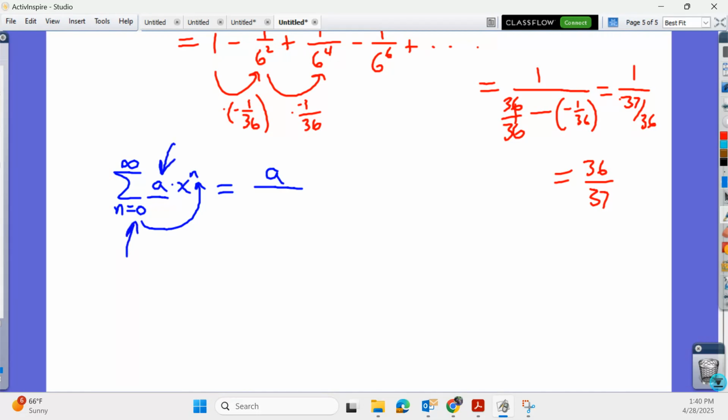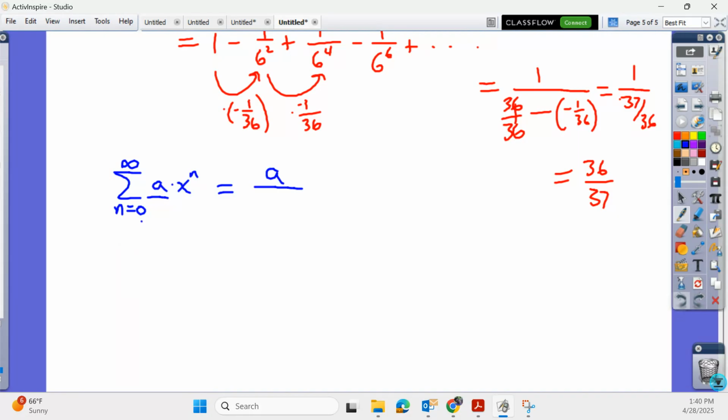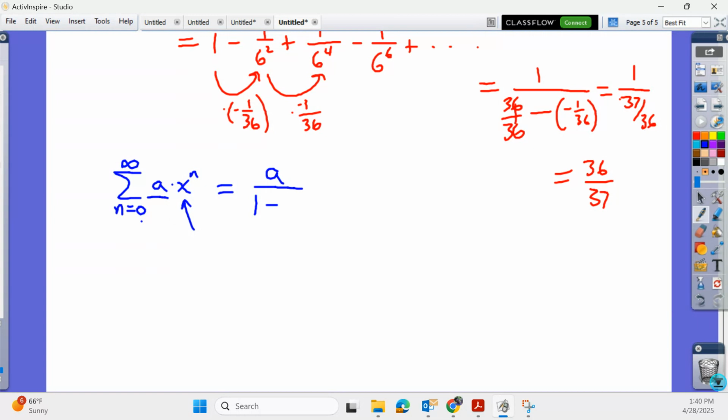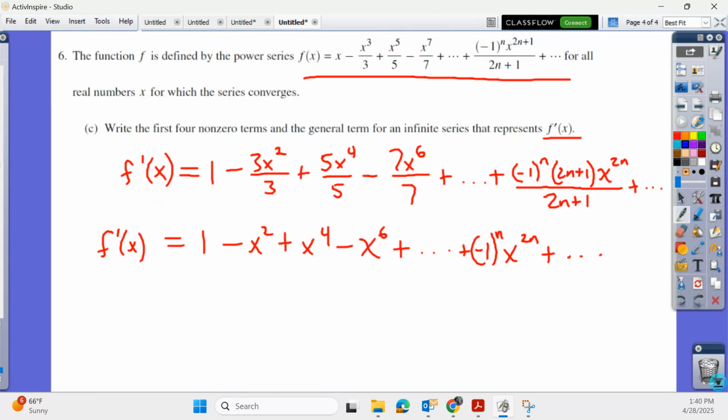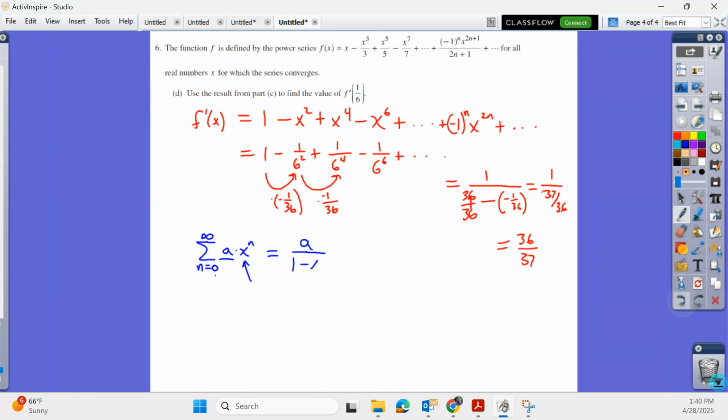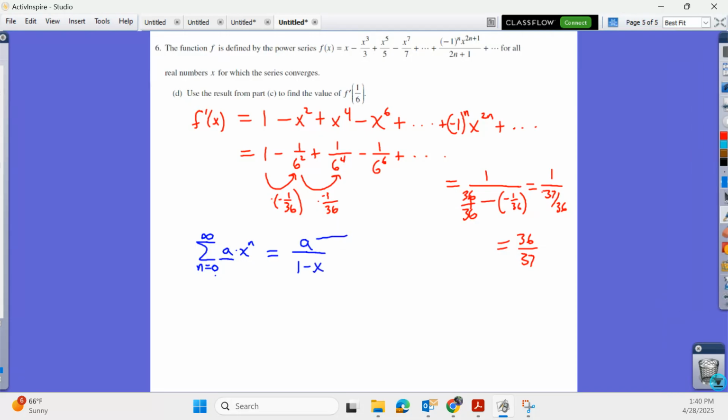It's the value of the first term, over 1 minus that common ratio, the x. So a over 1 minus x: 1 over 1 minus x times the value of the first term, whatever that first term is. So you actually want to plug in 0 to the beginning to find it.